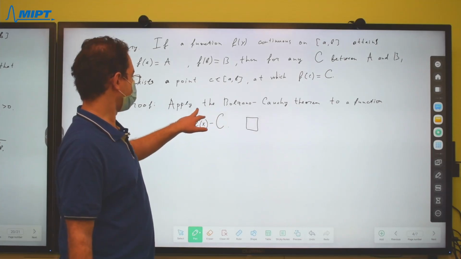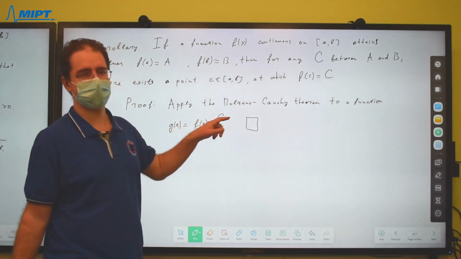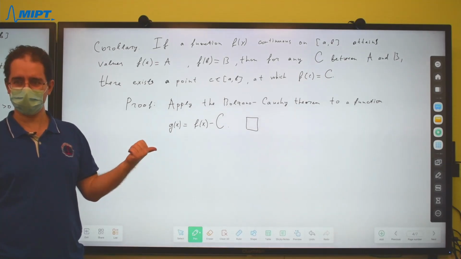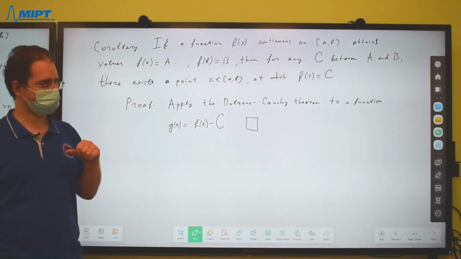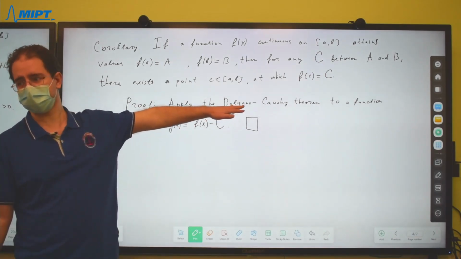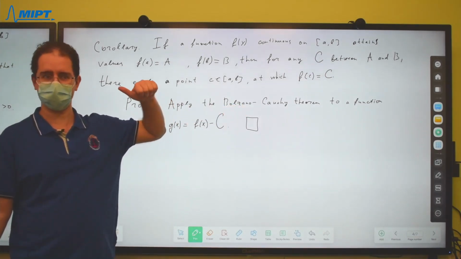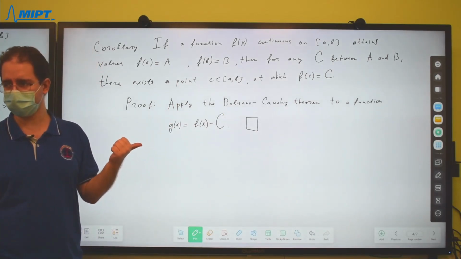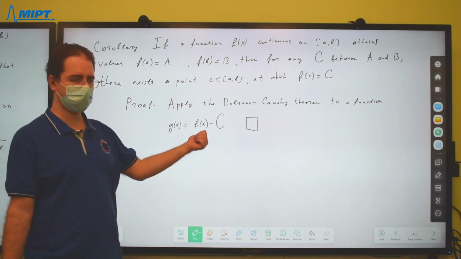So this function assumes a positive value at one of the endpoints and a negative value at the other endpoint. So we can apply the previous theorem and we will have a point where this function g attains value 0. That means f attains value C.